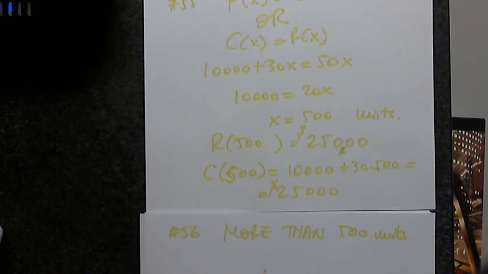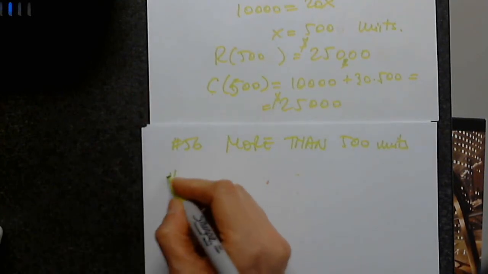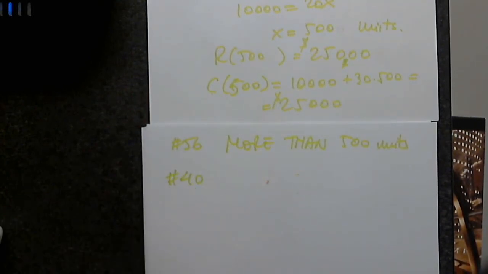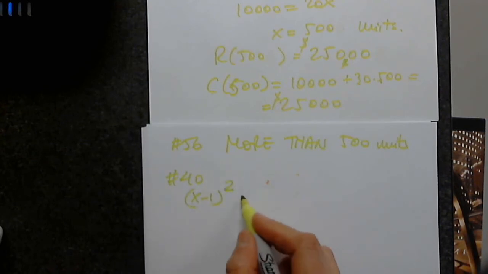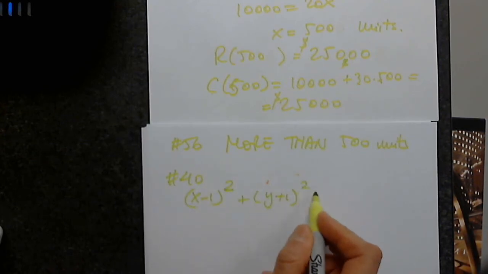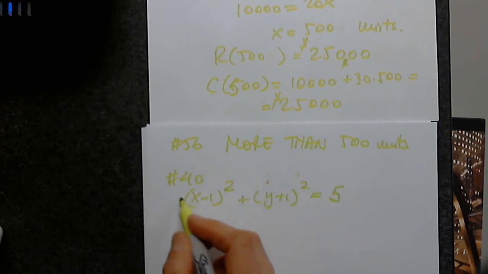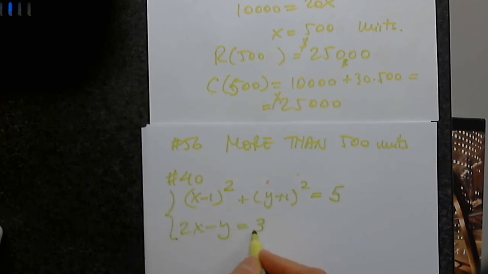Or 40, I think we did 40. Maybe not, I don't remember. If you remember it, please tell me, I'll copy a different problem, or I let you choose. Okay, and this is section 5.4.